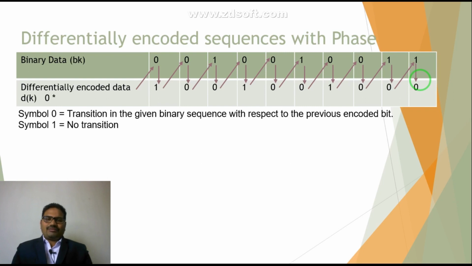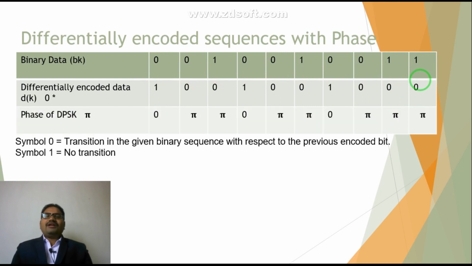Now moving to the next point: the phase of this DPSK signal. As I told you, symbol 0 represents a transition. If there is a transition, there should be a phase change. So symbol 0 is represented as pi, that is a transition, and symbol 1 represents no transition, no phase change.